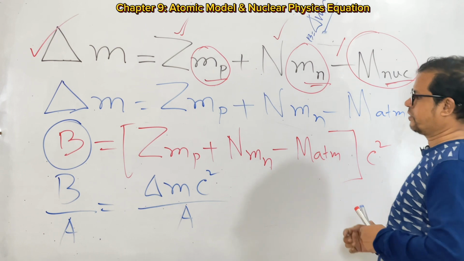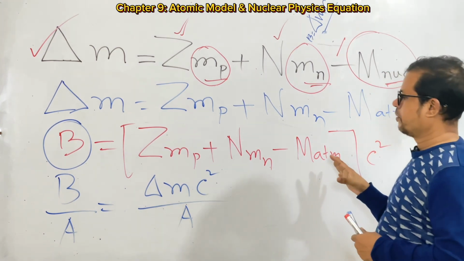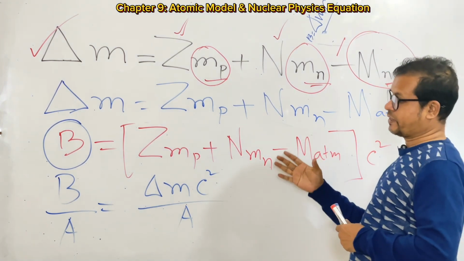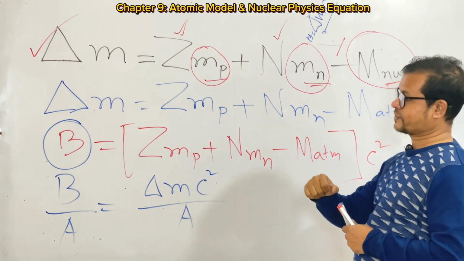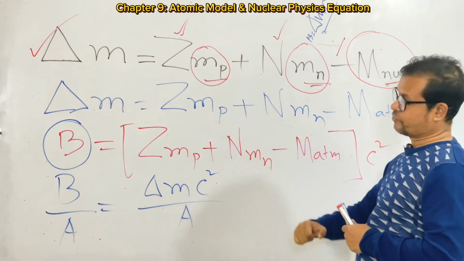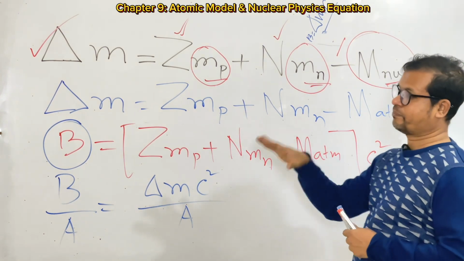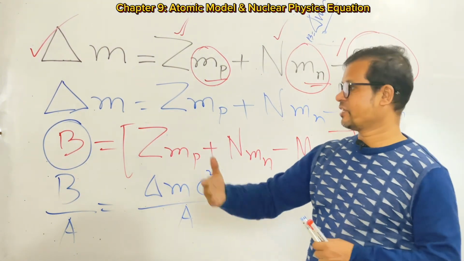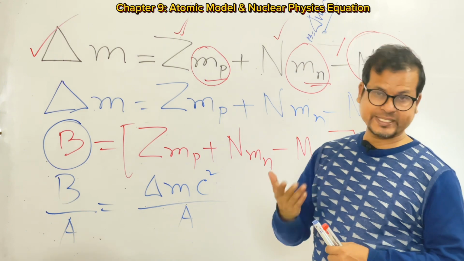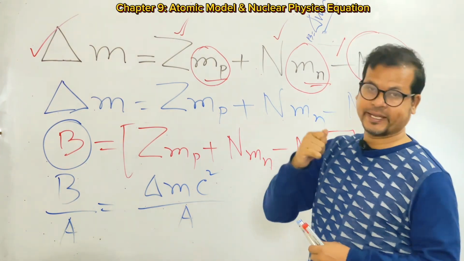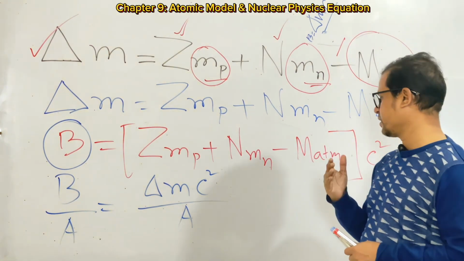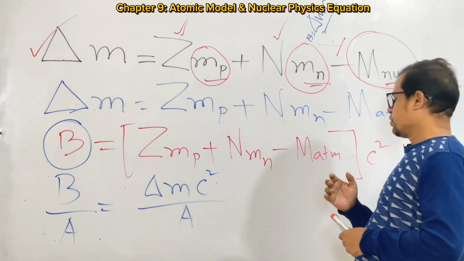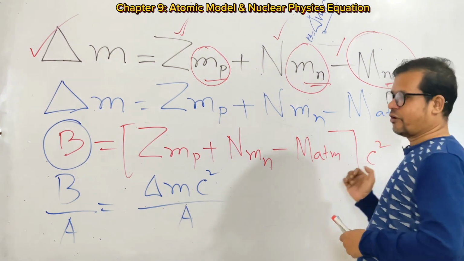Dear guys, if you know the atomic mass, nuclear mass, proton mass, number of protons and number of neutrons, then you can find the binding energy. You can find the mass defect, and if you find the mass defect, you can find the binding energy. For that calculation, you have to remember the velocity of light.